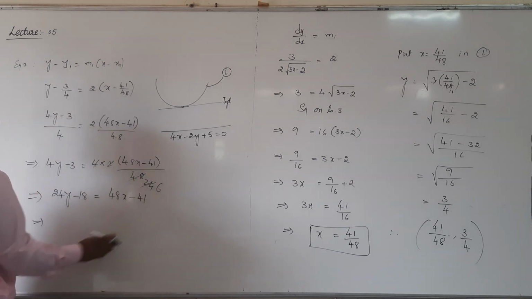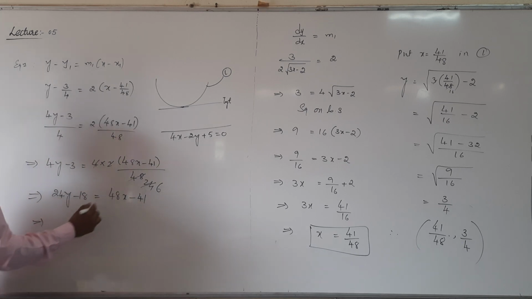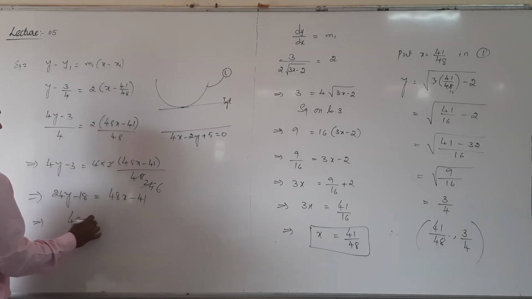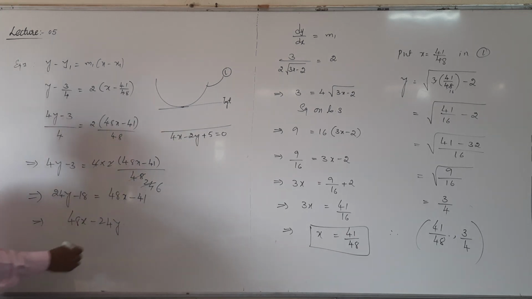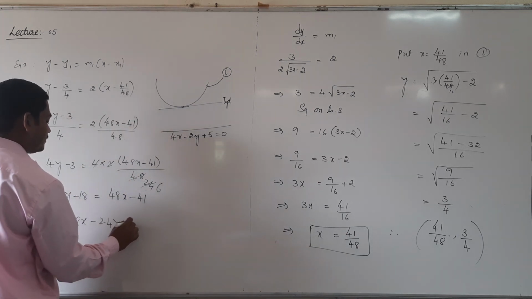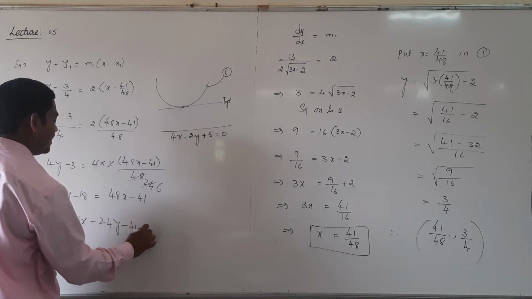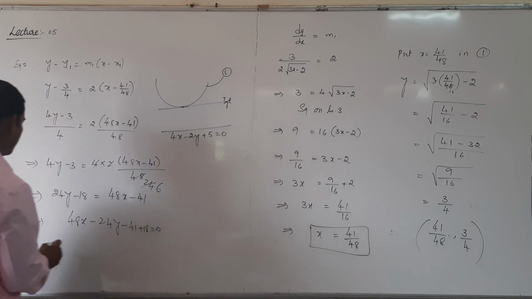Bring this term into the right side: 48x minus 24y, send it to RHS, then it becomes plus 18, minus 41 plus 18 equal to 0.